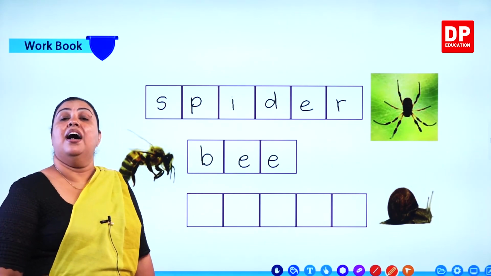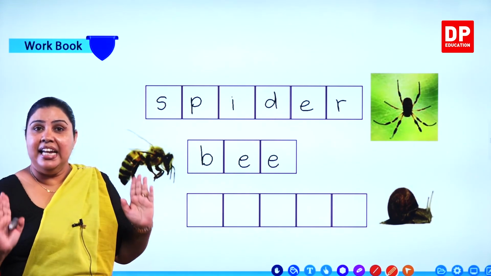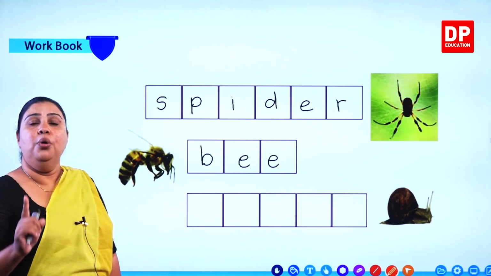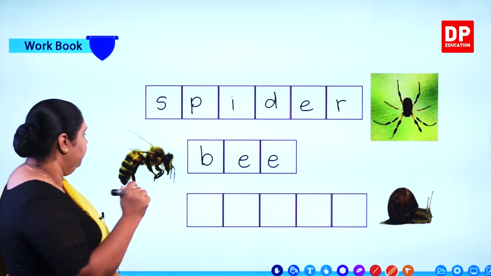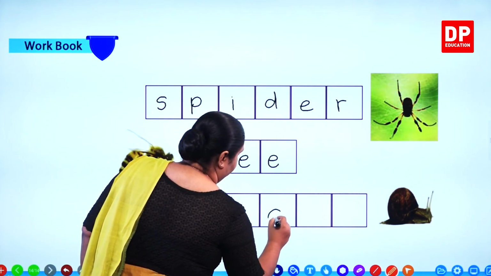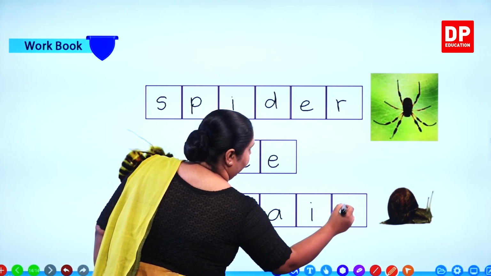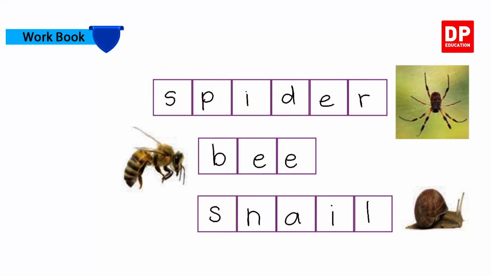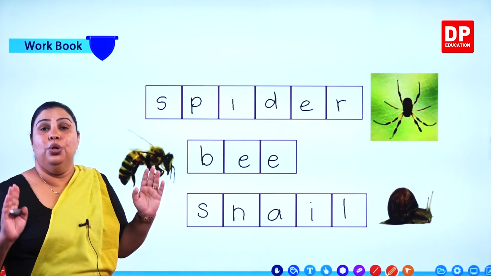Then who is our last animal? It is the snail. The snail. How do we write the word snail? S-N-A-I-L. Snail. Right.